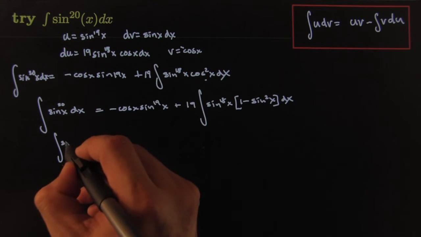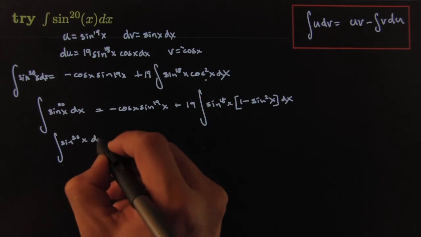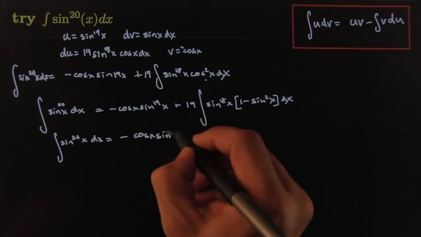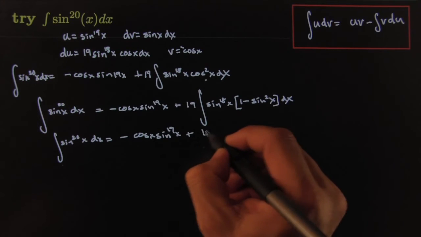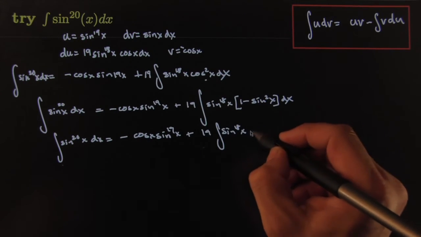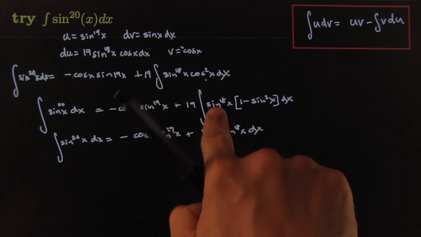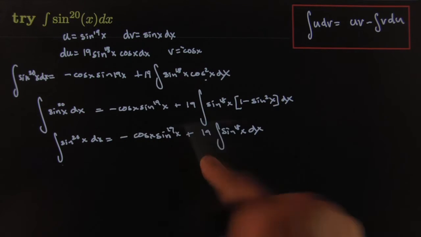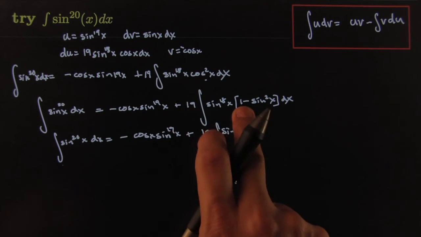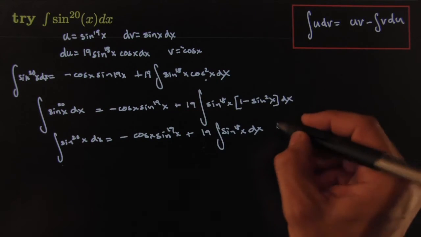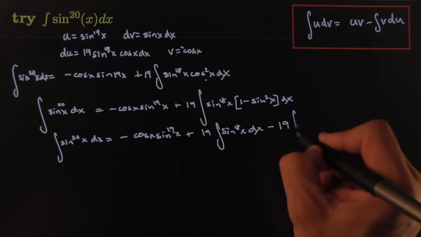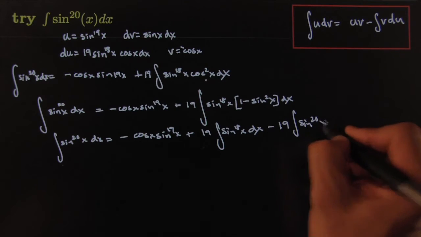Clean it up a little bit, you get the integral of sine to the 20th x dx minus cosine of x sine to the 19th of x plus 19 integral of sine to the 18th x dx. I'm distributing that. I got a minus here, so that's going to give me minus 19 integral of sine to the 20th x dx.